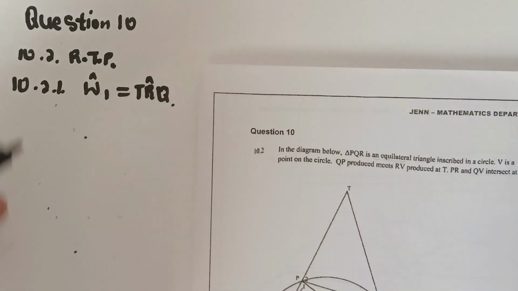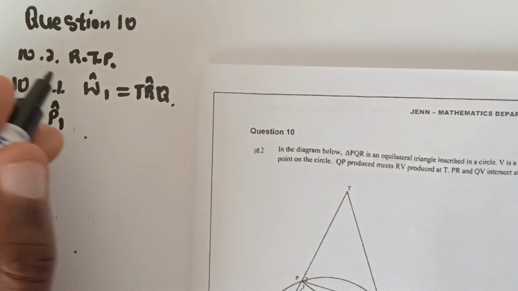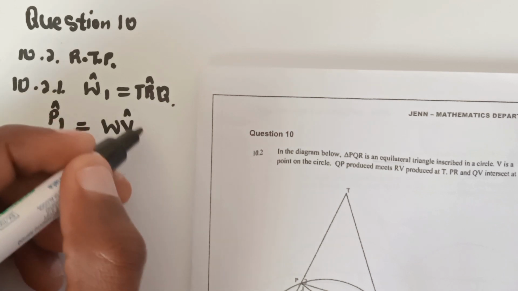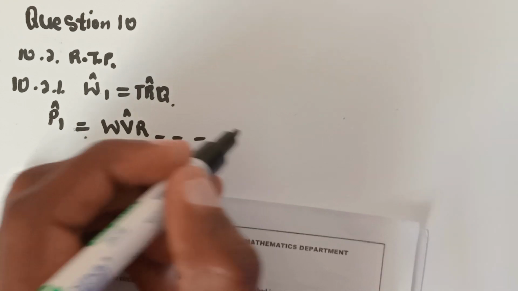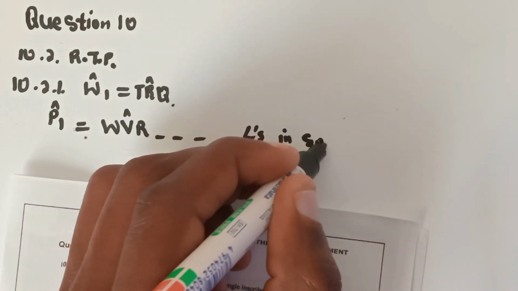Let's show that first of all, angle P1 is equal to angle WVR, that is angles in same segment.